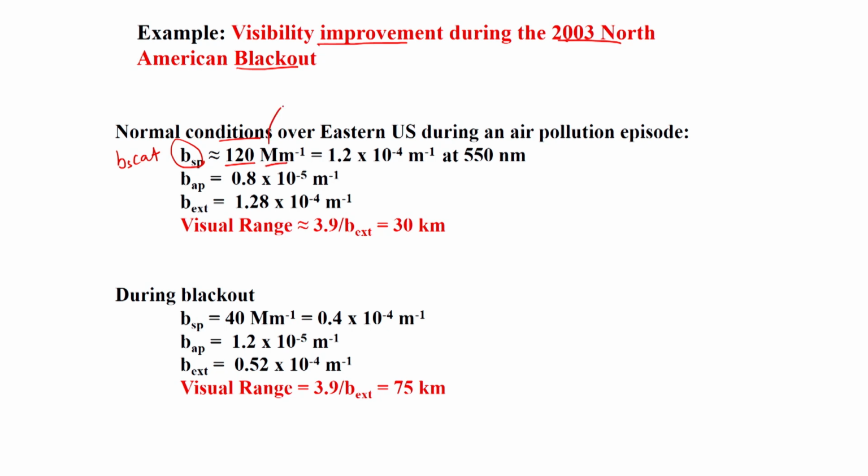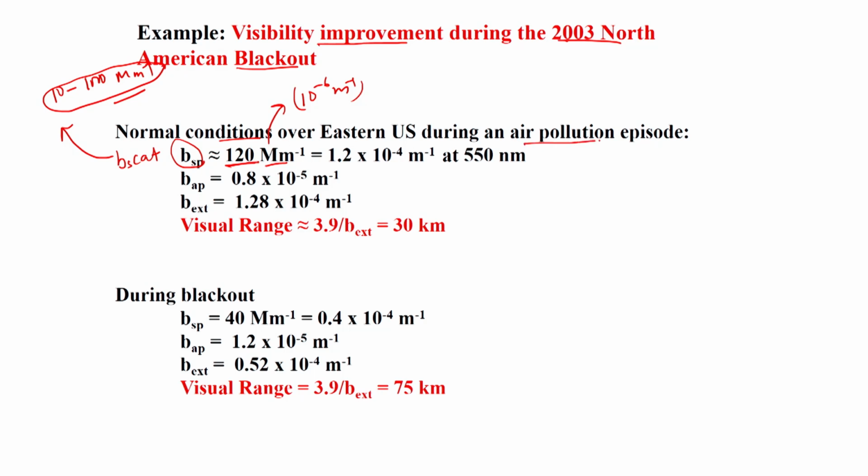Remember, mm inverse means 10 to the power minus 6 meter inverse. I also talked about how this is usually between 10 and 1000 mm inverse, so you can see that the value 120 is slightly higher.